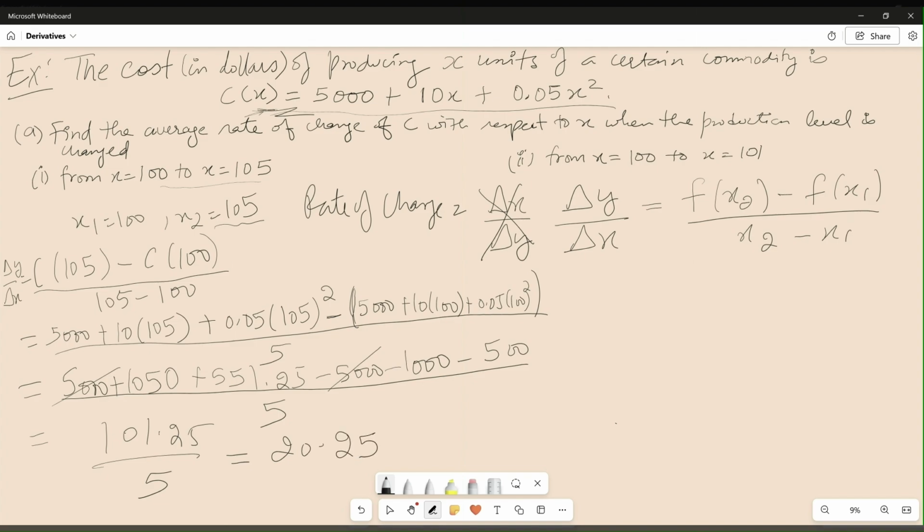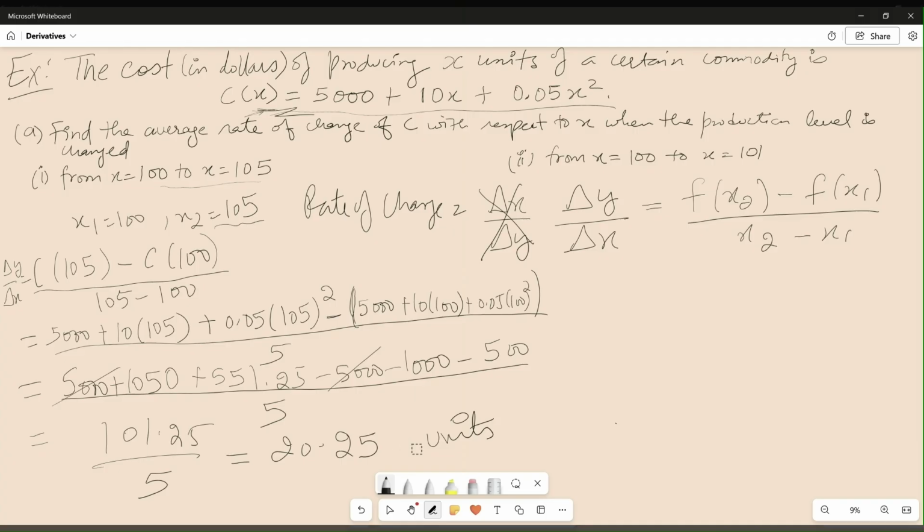Now, what we are being asked here is the cost in dollars of producing x units and the average rate of change of C with respect to x when the production level is changed from this. So this is going to be $20.25 per unit.